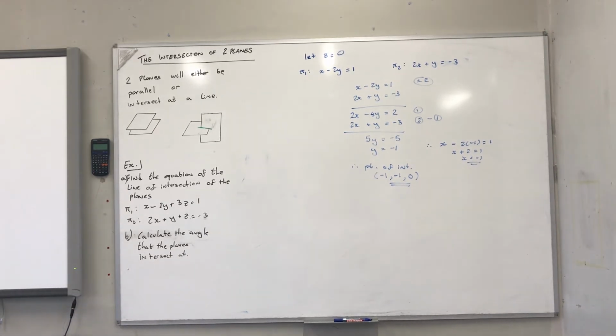So what I'm going to do, like I just said, is calculate the normals of the planes, and from that the cross product of the normals, and that will give me the normal to the line.